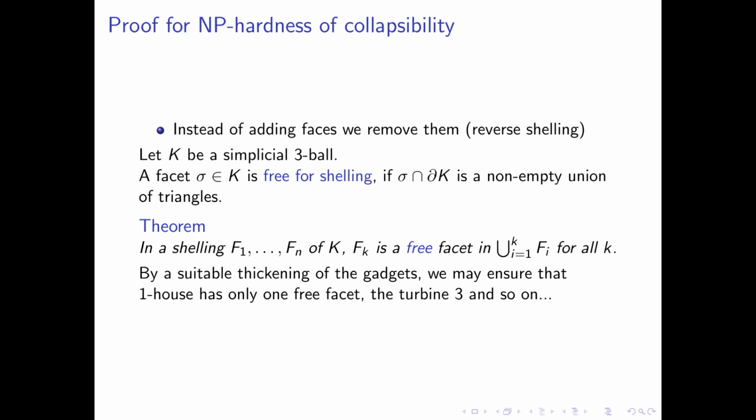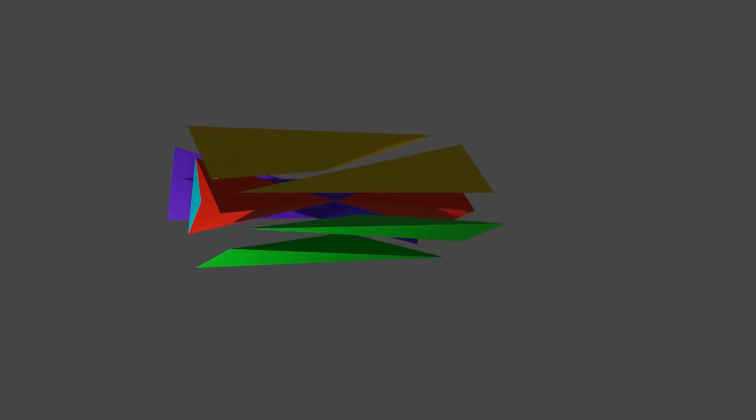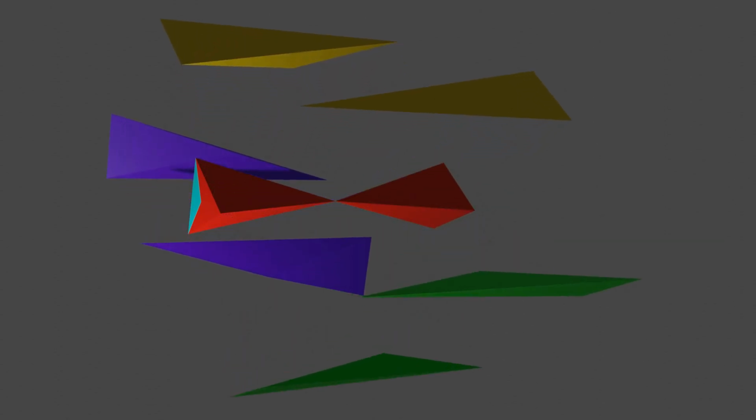However, in this thickening, we really need to pay attention that we do not introduce new free tetrahedra, and we also need to make sure that if we glue these things together, we obtain a ball, which makes this part of the proof somewhat technical. As an illustration, see the triangulation of the variable gadget.